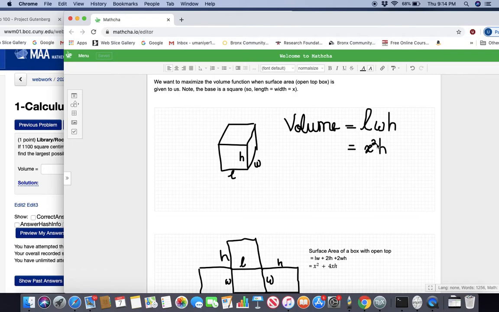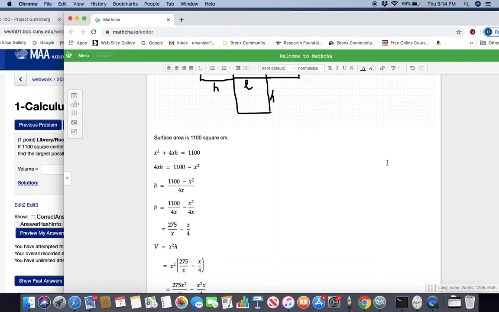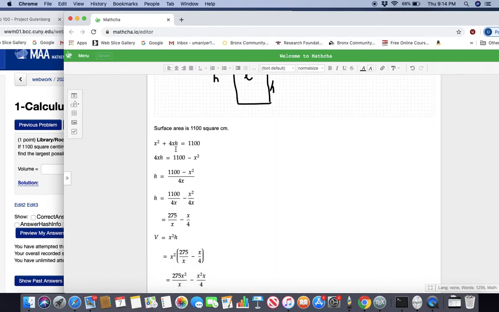So I'm trying to get rid of one of the variables, say x, say h. So I'm going to use surface area equals 1100, this equation. Solve for h, that is, move the x squared over there, and divide the entire thing by 4x. That gives me h.